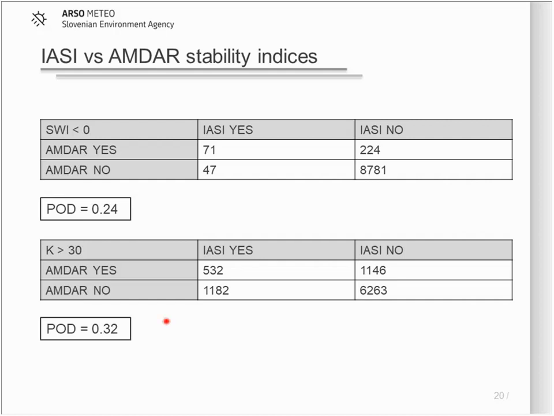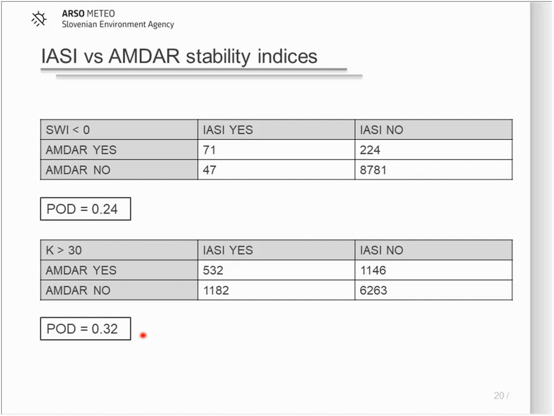And here we use the thresholds that are typically used in the literature: Showalter index lower than 0 could mean that something is going to happen, or K higher than 30. We can see that the probability of detection with this threshold is quite low, like 24% for the Showalter index and 32% for the K index.